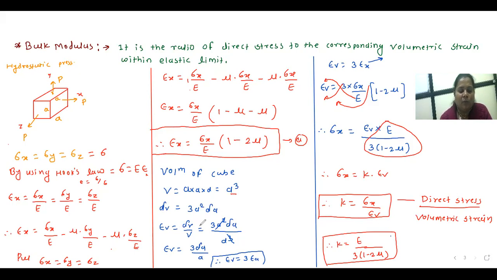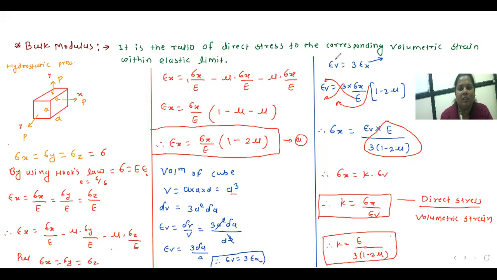After that, put the value of change in volume upon original volume. So the change in volume is 3a square del a divided by a cube. Here a square and a square get cancelled. So what is remaining? 3 into del a upon a, that is epsilon v, which is equal to 3 into epsilon a, that is epsilon x.